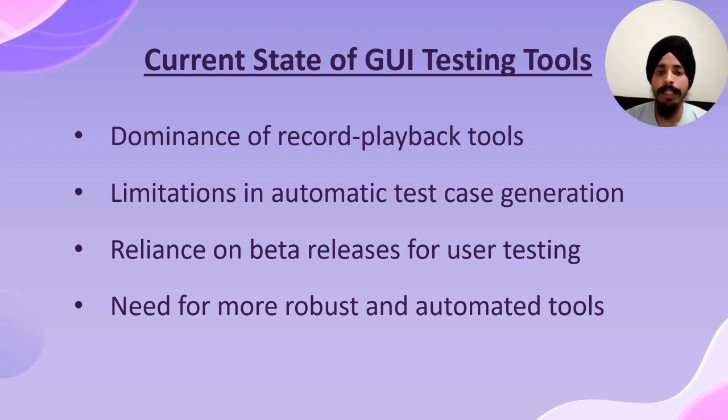User testing mostly relies on beta releases, like users have to wait until beta versions are released. After the beta version is released, the user can test, then they can only test. Last but not the least, it needs more robust and automated tools, because nowadays there are not so many automated tools for GUI testing.